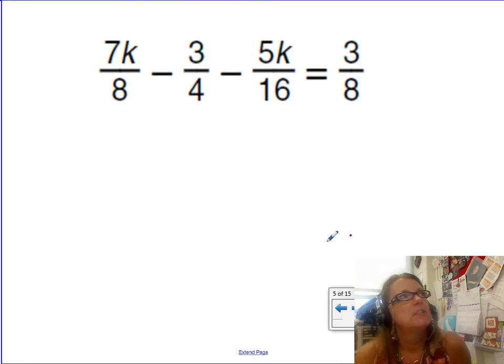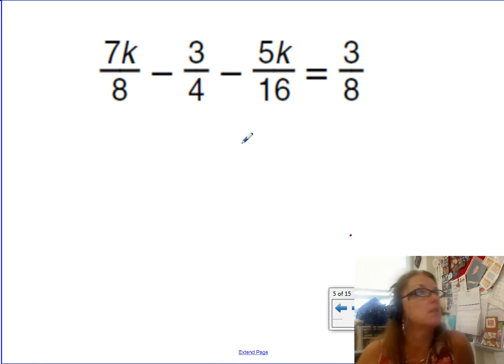All righty. Look at your denominators. I have 7k over 8 minus 3/4 minus 5k over 16 equals 3/8. The first thing you need to do is rewrite this whole nasty thing with the same denominator. So you look at 8 and 4 and 16 and say, what's a common denominator?